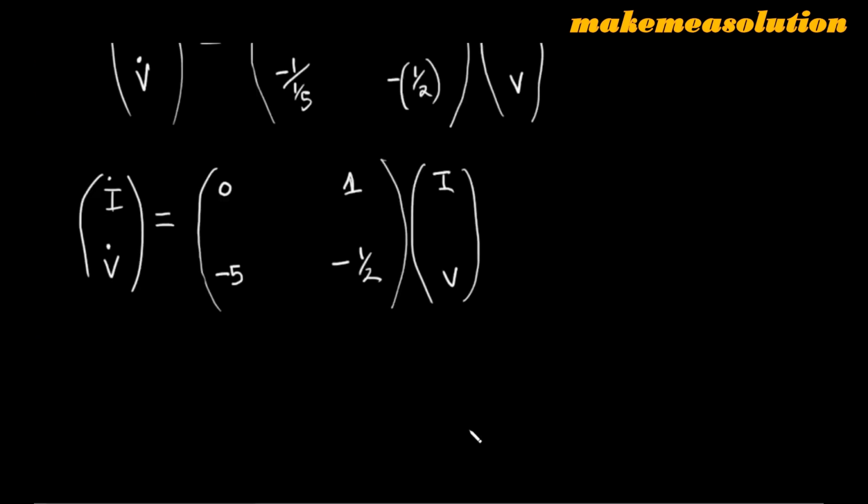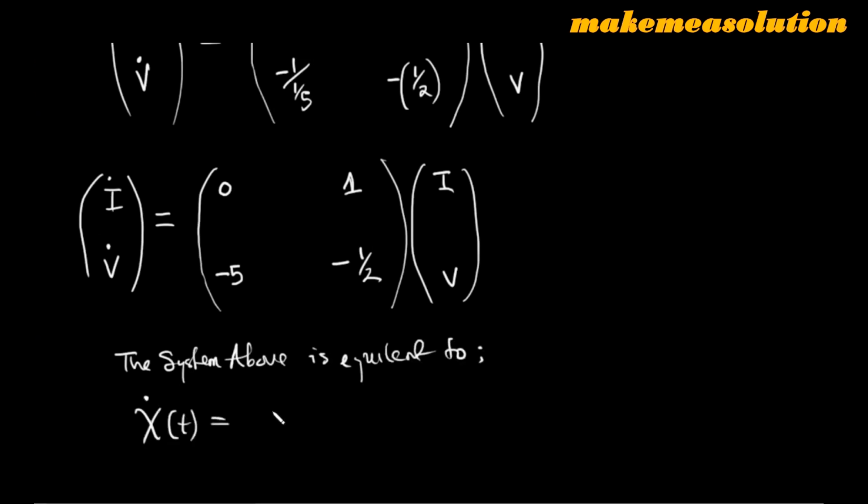So this is where we are at this point. Now the system above is equivalent to x dot of t equal to A x of t.